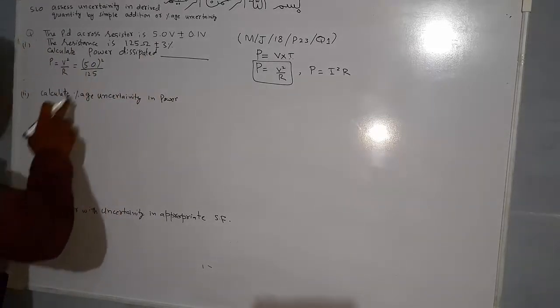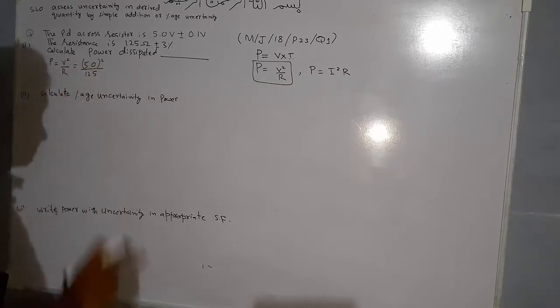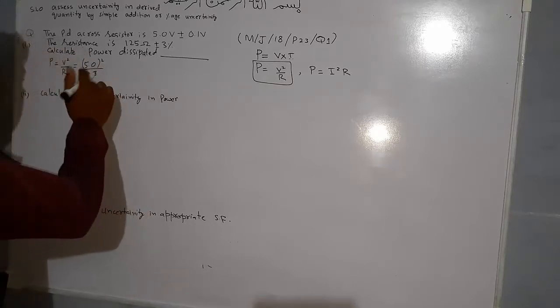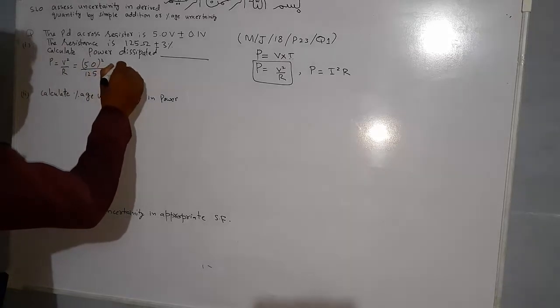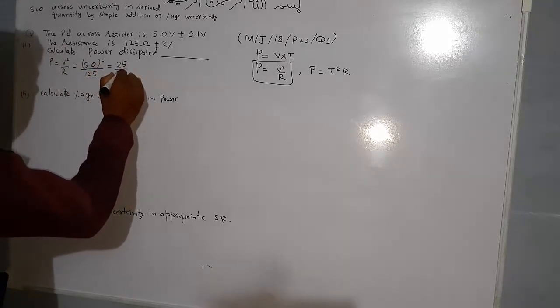So 5.0 whole squared over 125 becomes 25 over 125.